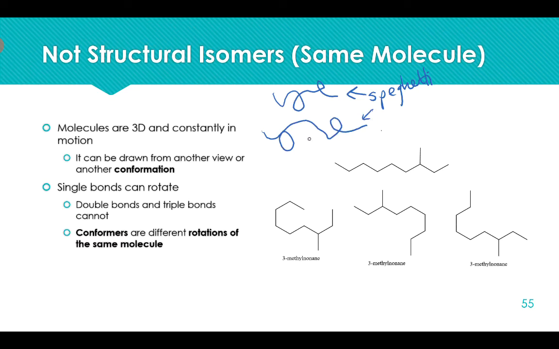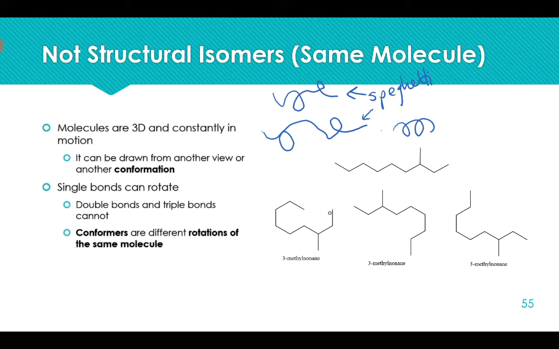And so that same noodle, it can land in a whole bunch of different ways. So we need to be aware of the fact that single bonds can rotate within our molecule, but double bonds and triple bonds cannot rotate. Since single bonds can rotate, we can take this same molecule and rotate it around so that it looks different.